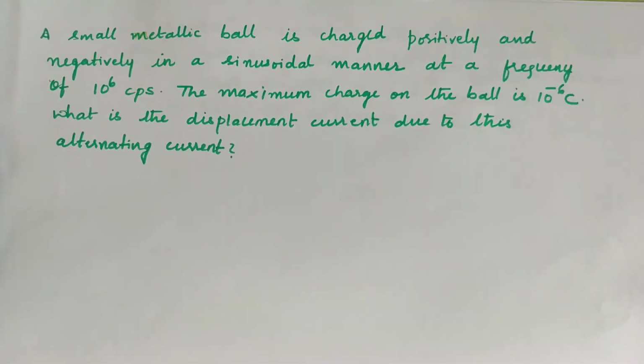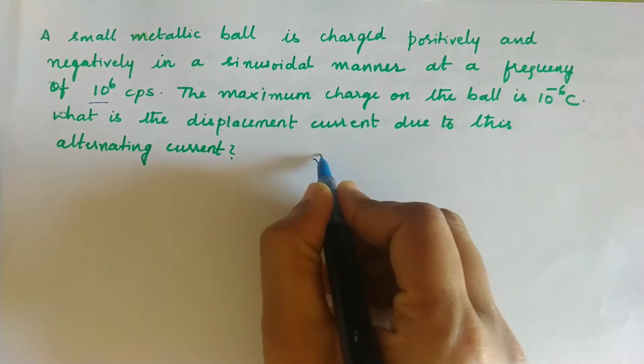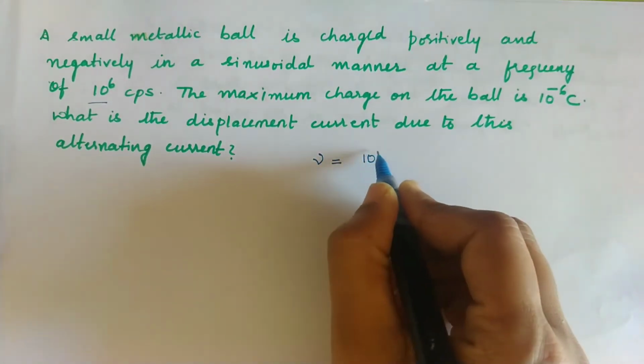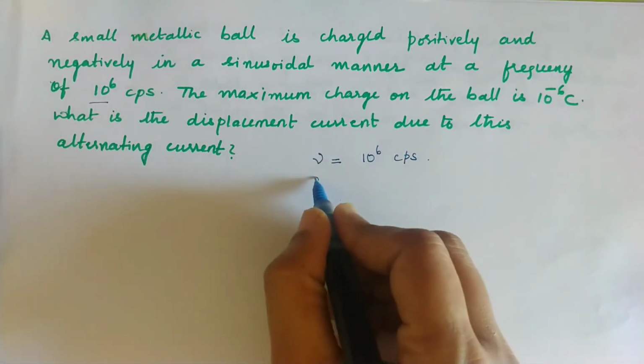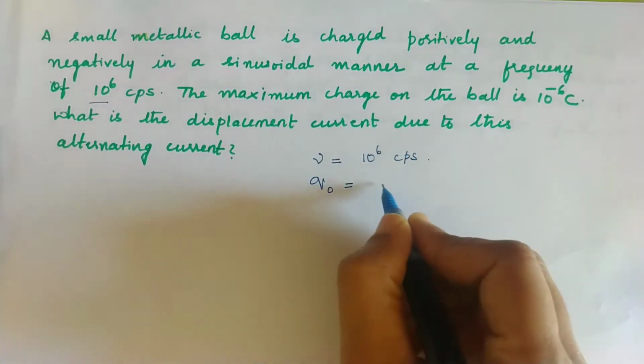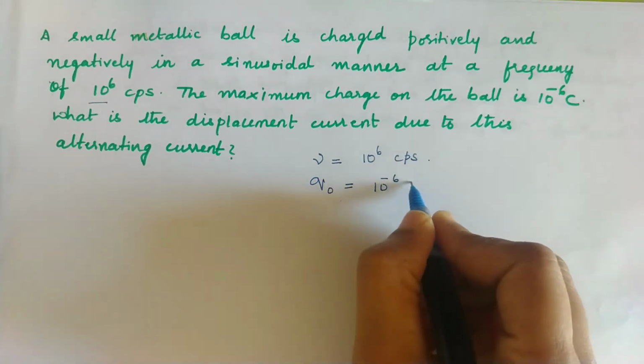Okay, so this question is also similar to the previous question. There is a small metallic ball which is charged positively and negatively in a sinusoidal manner at a frequency of 10 to the power 6 cycles per second. So they have given you the frequency as 10 to the power 6 cycles per second. Maximum charge Q naught is equal to 10 to the power minus 6 coulomb.